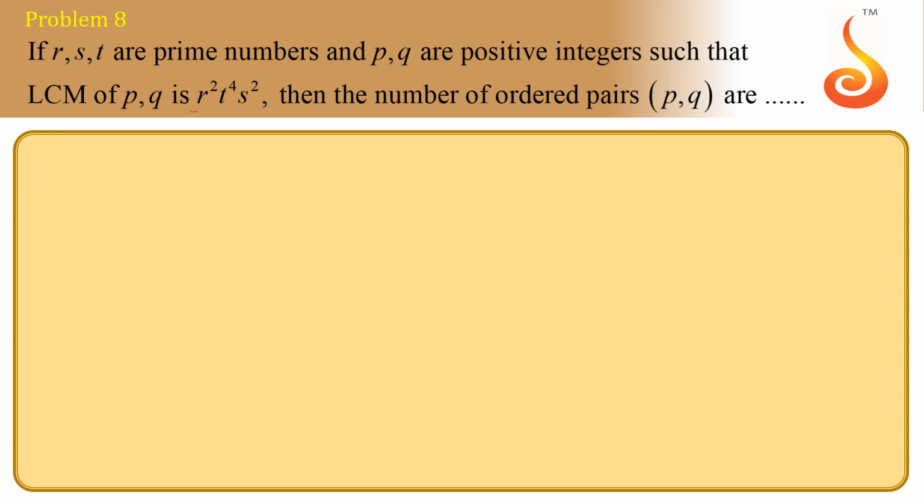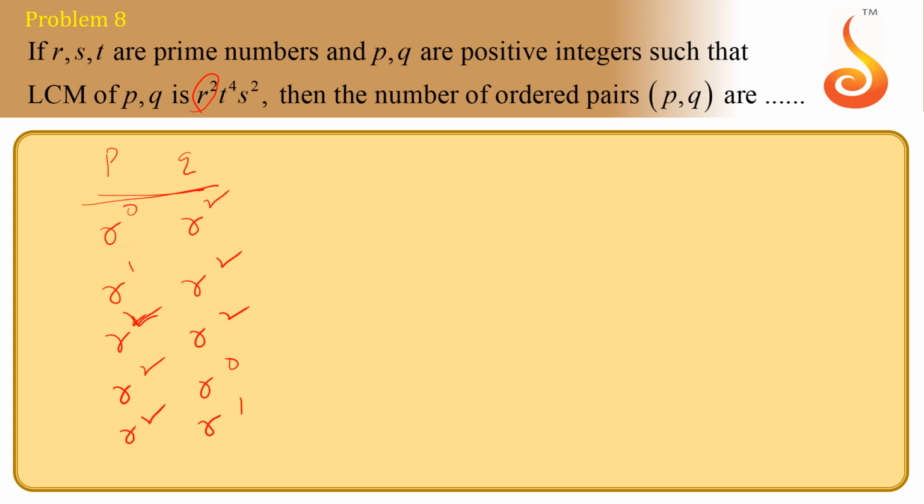Now to get r square, for this p and q, what are the possibilities you can have? Suppose r power 0 here, then it should be r square here, because in the LCM if you want r square, you can have r power 1 here, then r square here, or you can have r square here, r square here. Then in reverse, suppose it is r power 0, it should be r square. If it is r power 1, it should be r square. You can't have another r square because you already have that combination here.